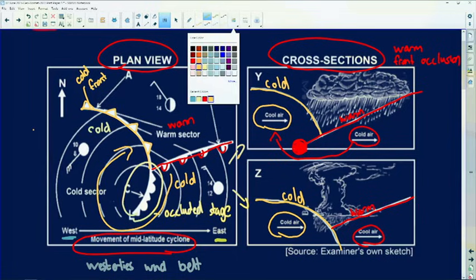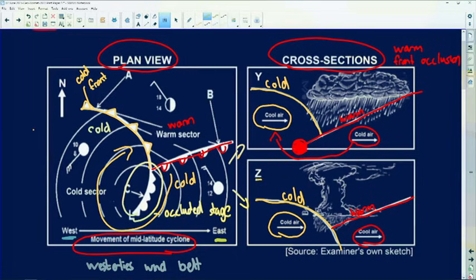Now, opposite story happening at Z, right? Pay attention to the air behind the cold front. The air behind the cold front is colder than the air in front of the warm front. So this is known as a cold front occlusion.